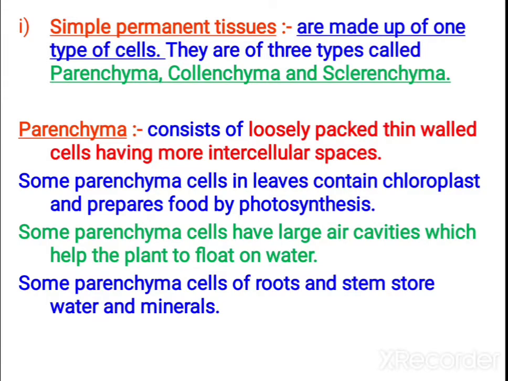It may be chlorenchyma, or it can be storage parenchyma. Whatever it is, the common feature is that all the cells show thin walls and have more intercellular space. The space between the cells is called intercellular space. It is more present in parenchyma.